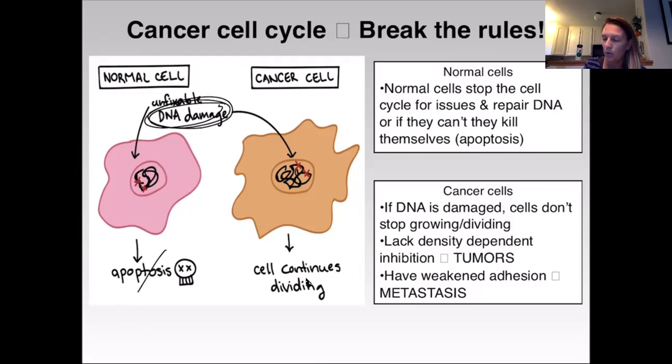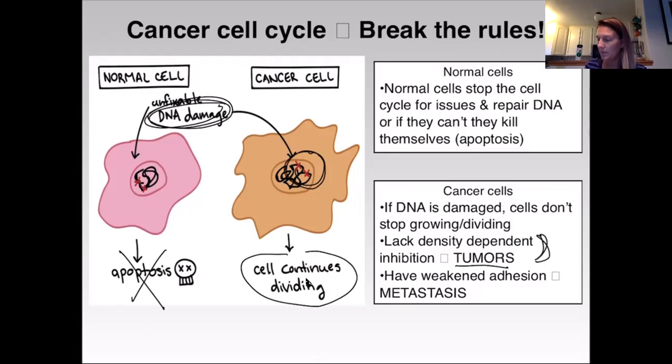And if not, they will go through cell suicide called apoptosis. Cancer cells, on the other hand, if they have DNA damage shown by those little red X's, will continue to divide. That can give rise to tumors if they are lacking density-dependent inhibition, and if they have weakened adhesion, that can lead to metastasis.